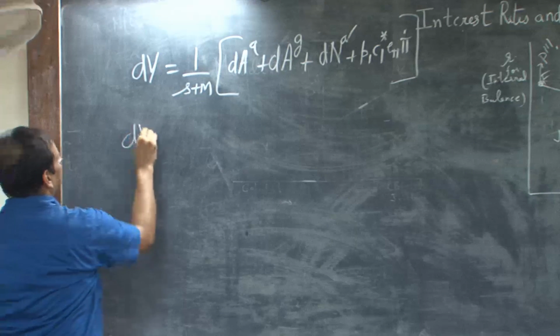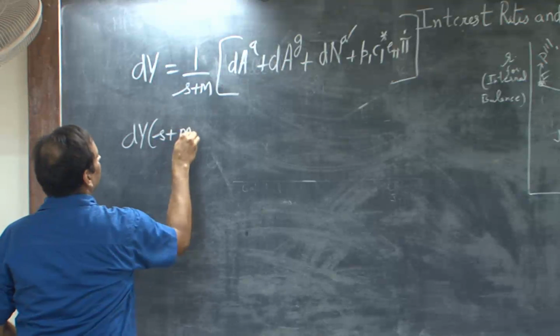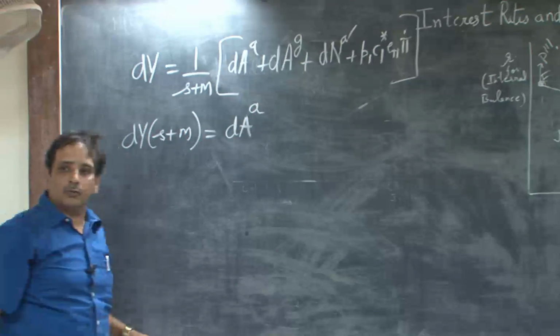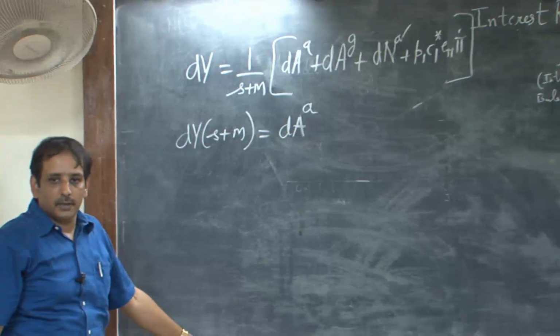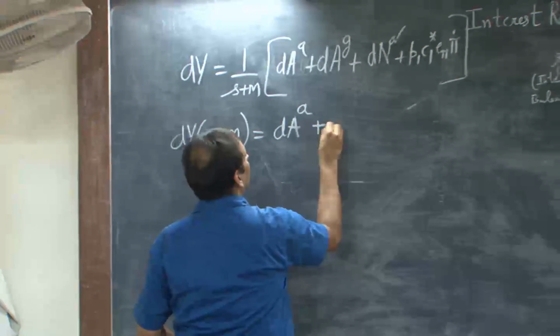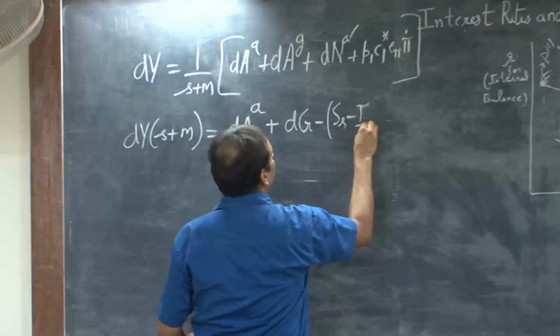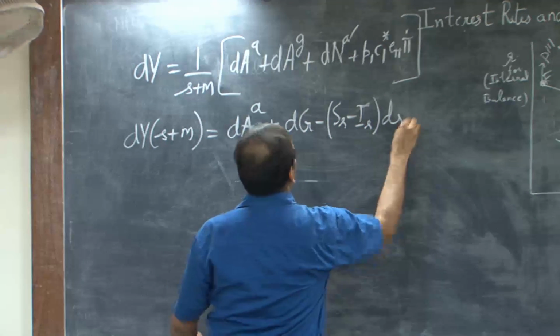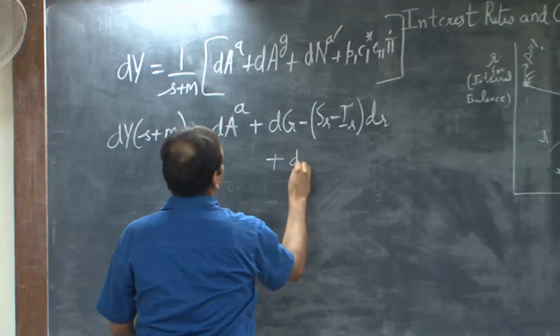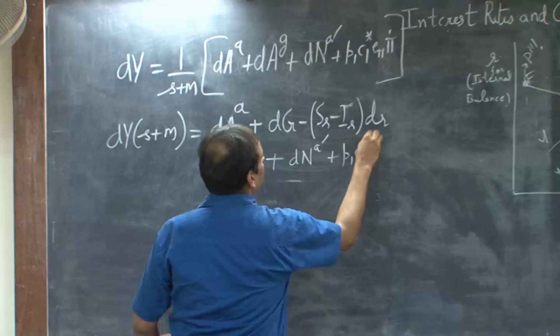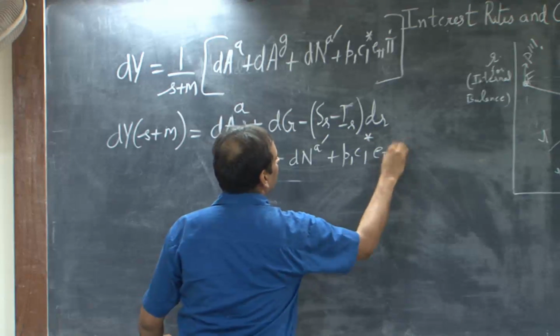So dy is 1 upon s plus m times daa, but we need to open up daa, which is dg minus sr minus ir dr, plus dna dash plus p1 c1 star e pi pi dot.